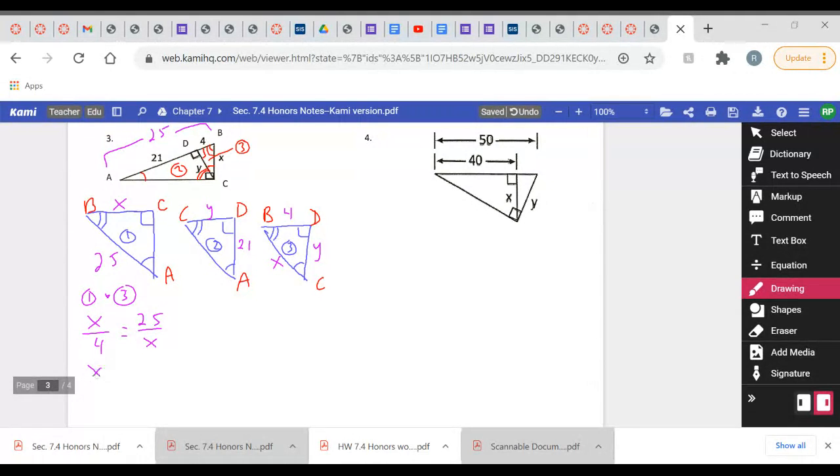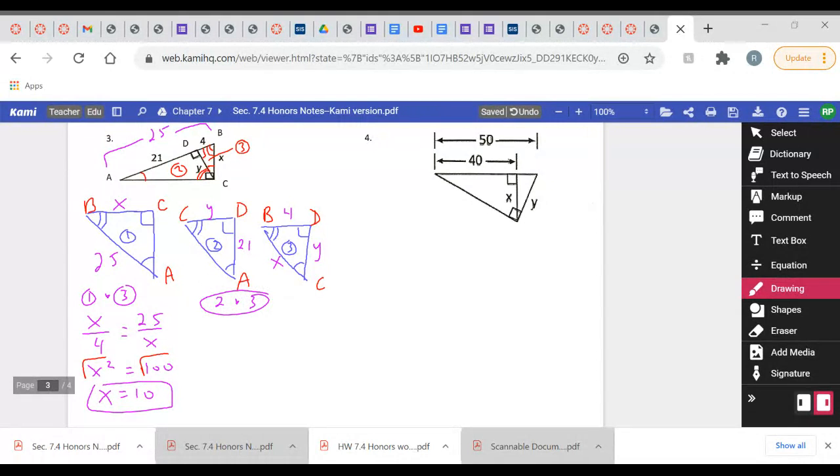X times x gives me x squared. 25 times 4 gives me 100. I can take the square root of both sides. And once I solve, I end up with x equals 10. So that gives me one of the lengths by solving a proportion. Okay, now if I want to figure out what y is, I can see that I can set up a proportion with triangle 2 and triangle 3.